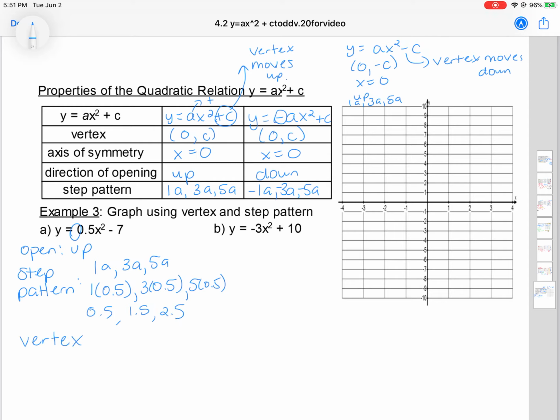But the vertex has been shifted down. So it is going to be 0 and negative 7. So that's where we need to start, 0 and negative 7. And we're going to go over 1 up a half, over 1 up 1.5, over 1 up 2.5, over 1 up a half, because we want symmetry, over 1 up 1.5, over 1 up 2.5.